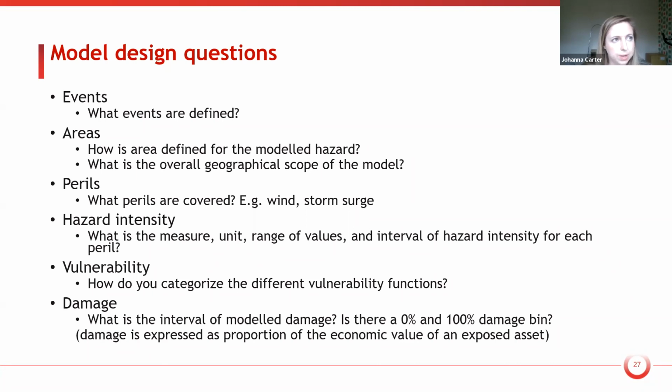And will you include a bin for 0 damage and 100% damage? That's quite an important consideration, because you do get these models which don't allow for zero damage, and you get lots and lots of really, really tiny losses, and that's just not realistic. You can't see that in claims counts, for example. So consider how you construct your intervals of damage.